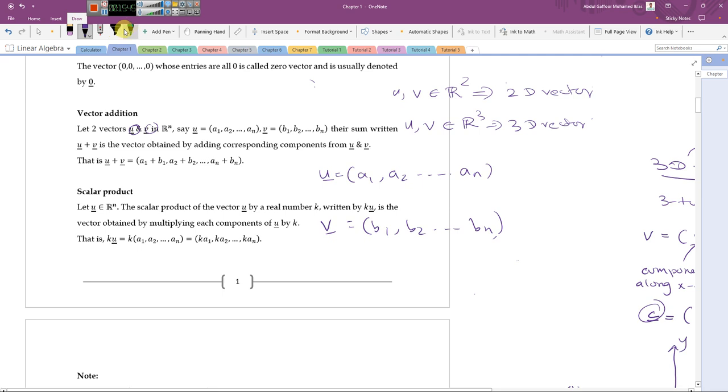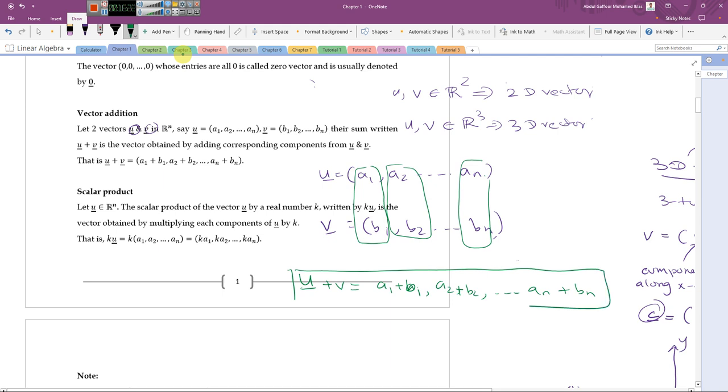Now we have to add the corresponding elements, right?